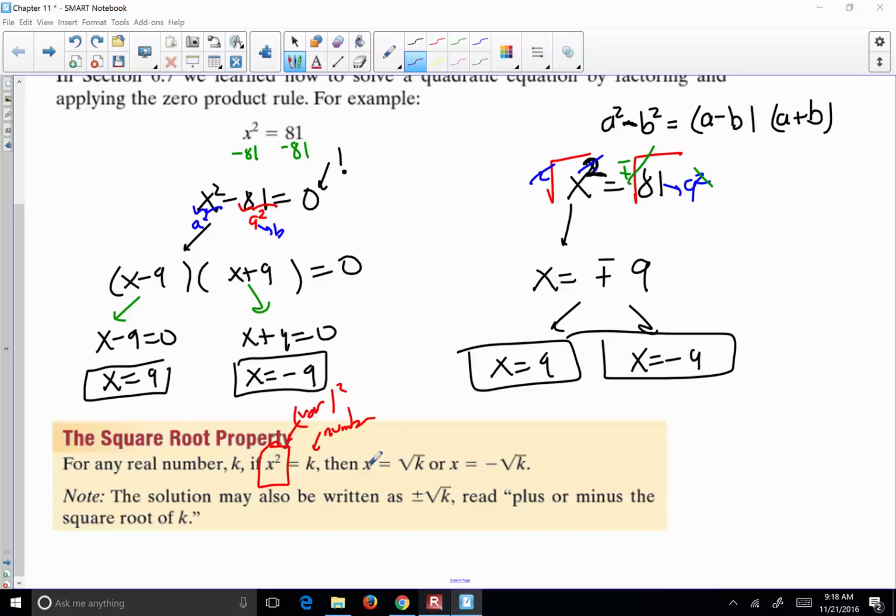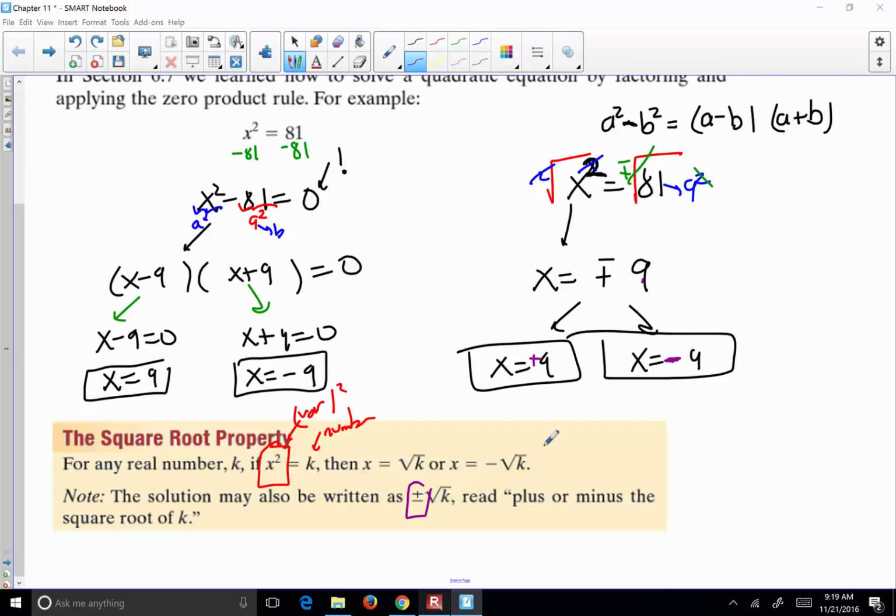All you need to do is set x equal to the positive square root and the negative square root. We shortly call it plus minus. The plus option and the minus option of 81 both give you 9, one with a plus, one with a minus.